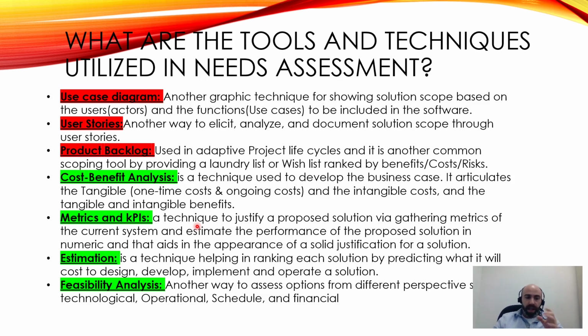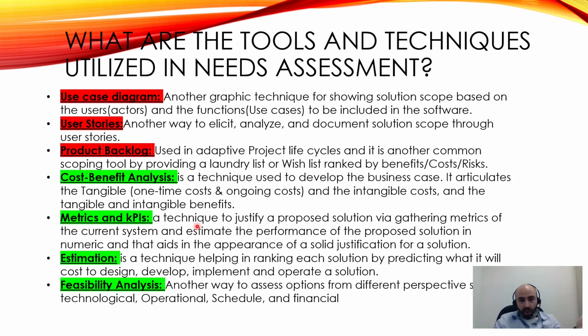Product backlog. Again, that is like a list of several user stories ranked by cost or by value or by risk. And we have high priority, medium, and low. Again, we have different tools of prioritizing.